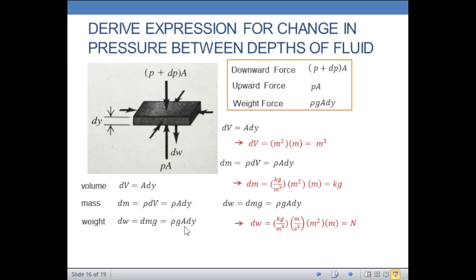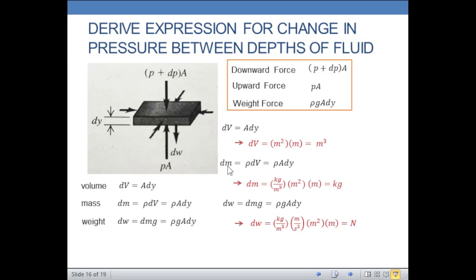Now we have to look into the units, to check that these are really talking about the quantities that we are discussing. For dV, the area is meter squared and dy is meter, so that is cubic meter, for the volume.